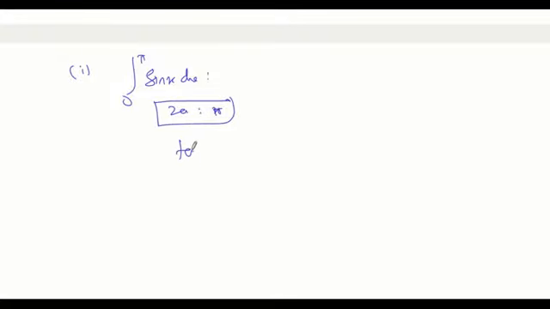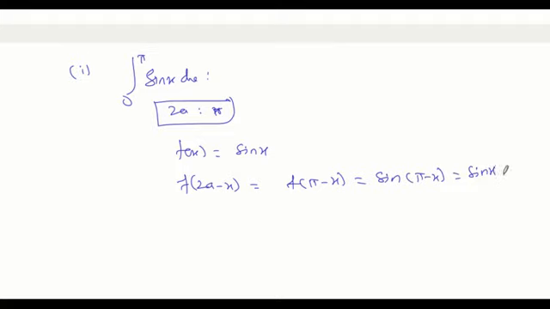Okay, now f of x is nothing but sin x. I'll apply f of 2a minus x, that means f of pi minus x, that is sin of pi minus x. Children, I am getting sin x itself. It is nothing but f of x. So see here, this happens.